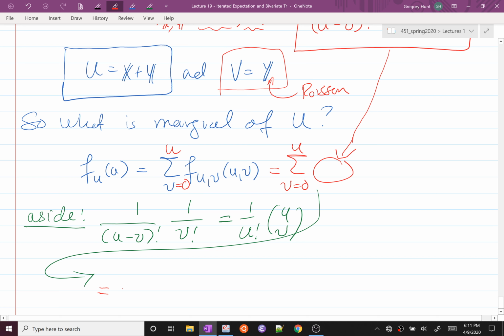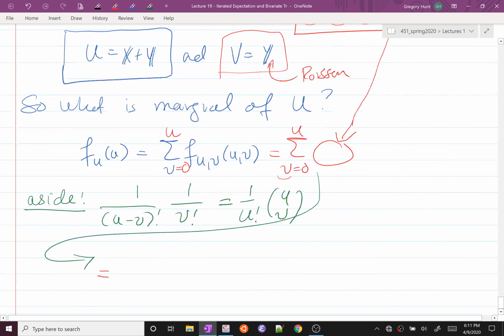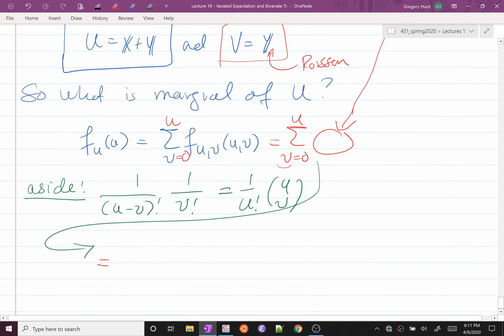This is a sum, and we're going to pull out everything that does not depend on my index, v. There's a bunch of stuff that doesn't depend on v. Anything involving u, so I'm going to get e to the negative theta plus lambda. I can combine those two because I have e to the negative theta and e to the negative lambda.